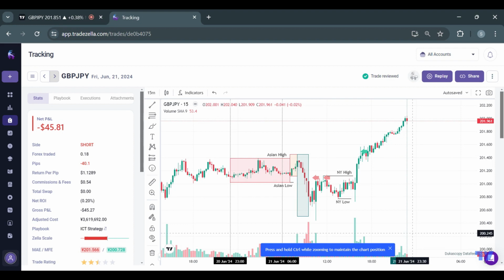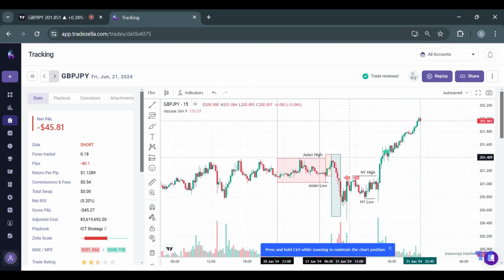details how volume is distributed over the course of a session, a day, a week, a month. And those primary phases are obviously consolidation, expansion, and then retracement or reversal. And so what we had in this trade was clear consolidation, marked out the Asian high, Asian low, and then we had this expansion and then a reversal.